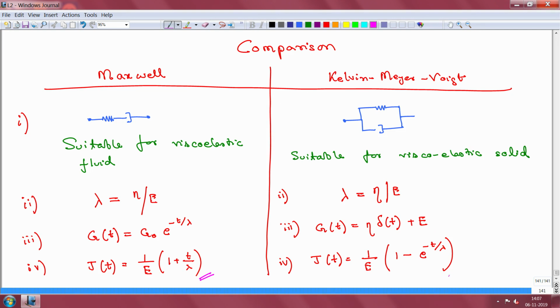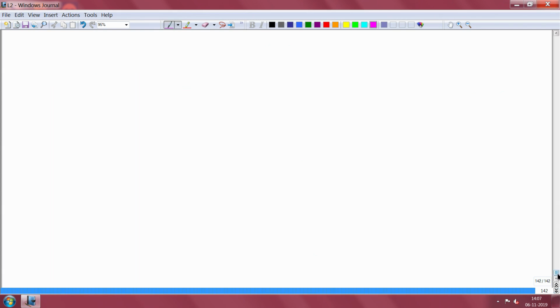Even the creep response for the Kelvin model is not very satisfactory, because in the beginning there is no elastic response. Even though this is a model that is suitable for a viscoelastic solid, in the creep portion we do not have an elastic response in the beginning.